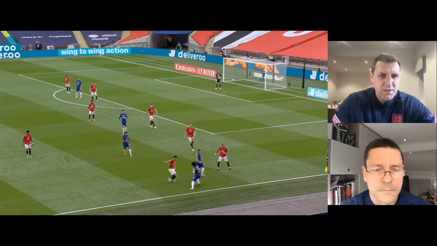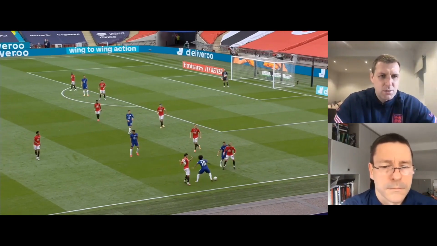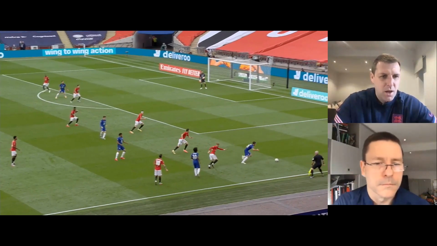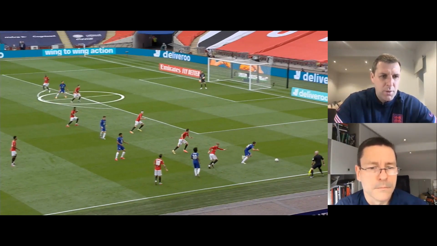But the issue for me as we hold it there is Lindelof's body position. After he's scanned, he's not altered his position, so it's not enabled him to scan again, and he's not reacted to what he's seen. So as we let it flow, and we put the quadrant around it, and really put it under the microscope, we can see both players in the top half of the quadrant.